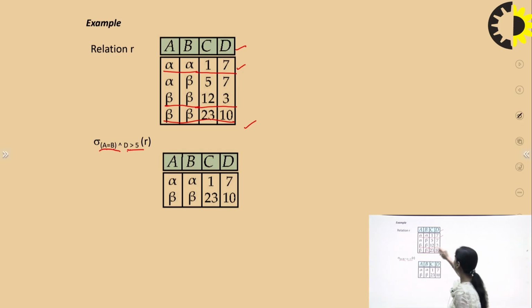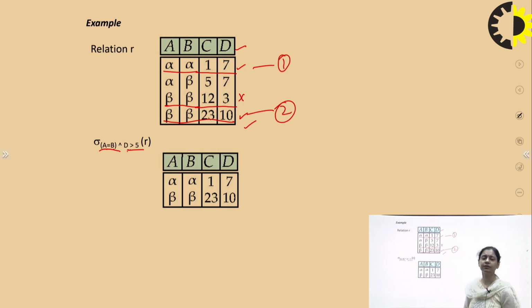Now 7 holds true for D greater than 5. 3 does not satisfy this condition because 3 is not greater than 5. Then 10 also holds true because 10 is greater than 5. So ultimately we get this record and this record as the result: alpha alpha 1 and 7, beta beta 23 and 10. So this is how we work on the select operation.